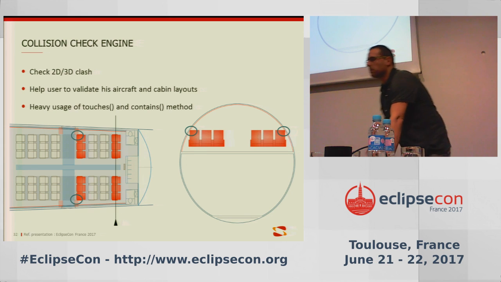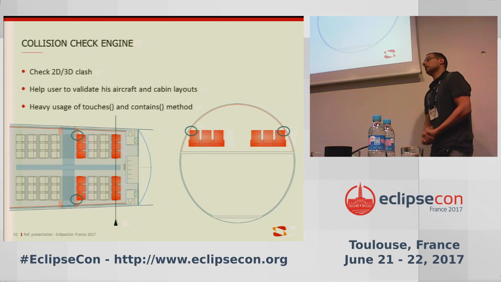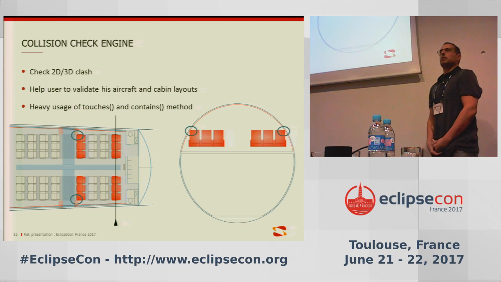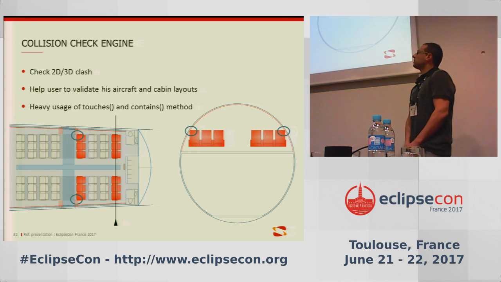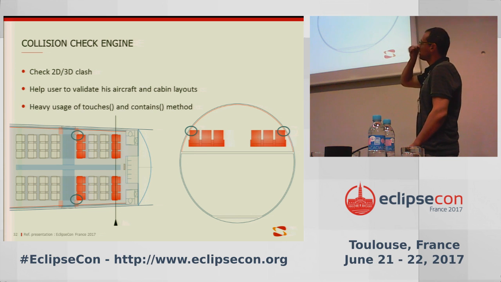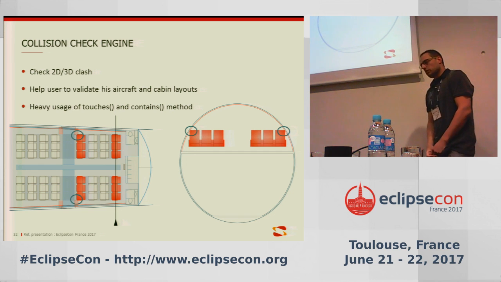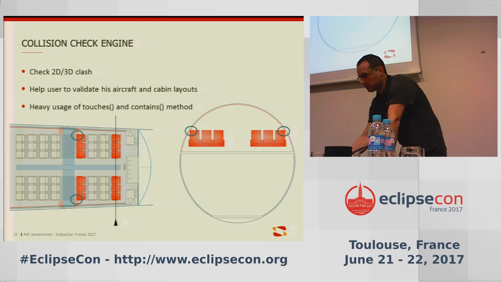We also implemented a collision check engine. It was for the user to verify whether the aircraft they have created is correct or not. Like for example, you have the seat that is over an AC space at the left of the drawing. And also it was very important to know if an element is outside of the fuselage.